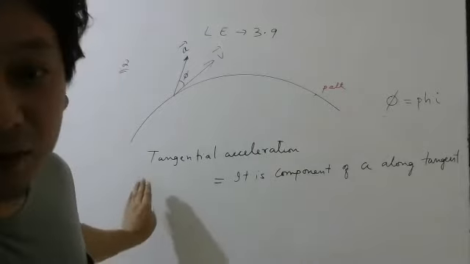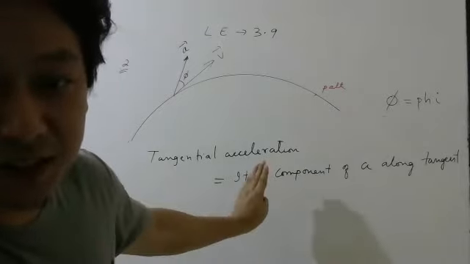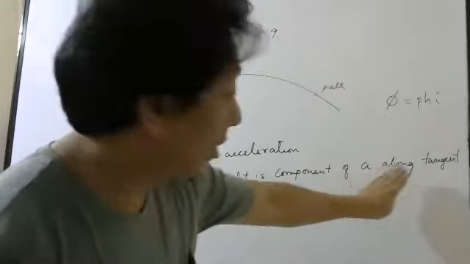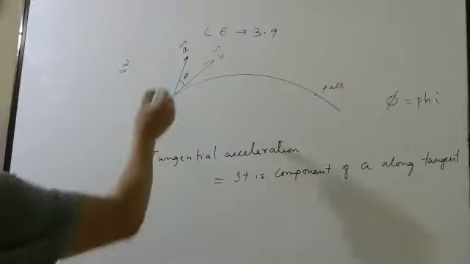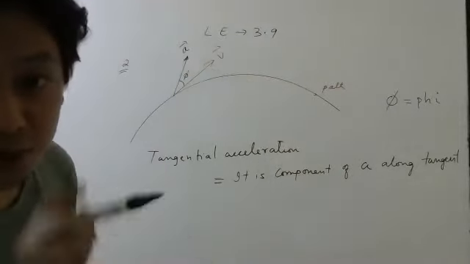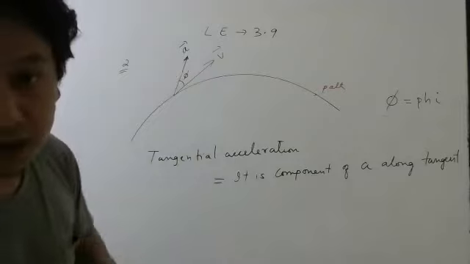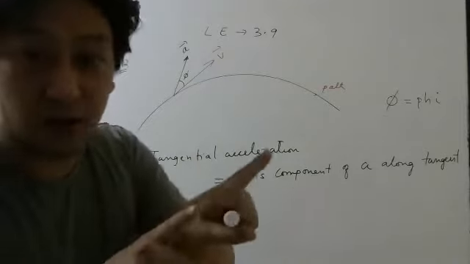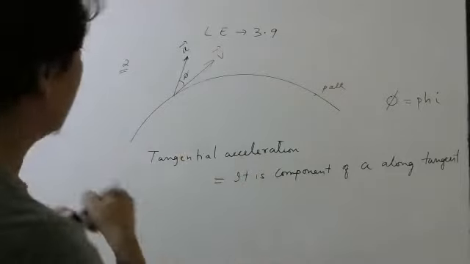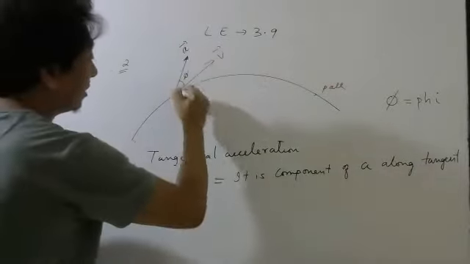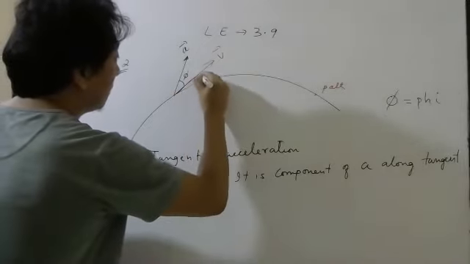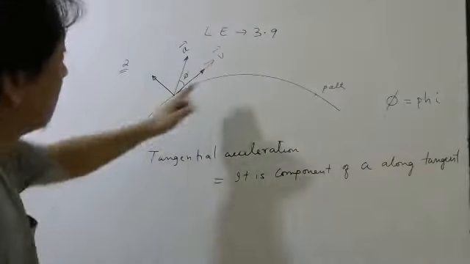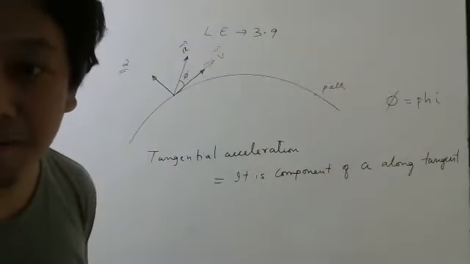Let me repeat again. What is the meaning of tangential acceleration? It is the component of acceleration along the tangent. According to the question, this acceleration makes angle phi. You know from components of vectors that you can resolve a vector into two components. Can I break this acceleration into one component here and one component here? Yes or no, students?